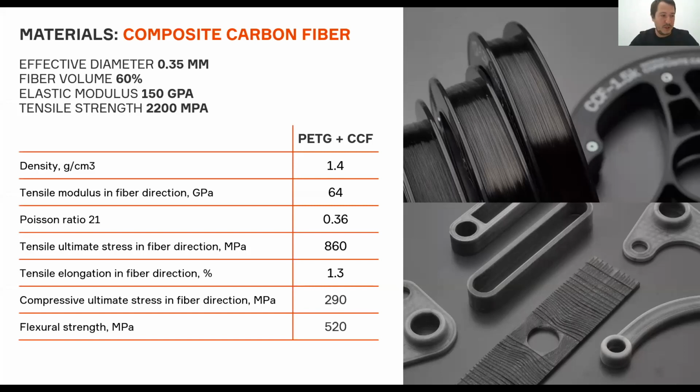One will be available this year, later in December, in the premium package for Aura. It will be called layer masks. It's a special instrument to be able to define fiber trajectories based on several bodies imported into the slicer interface.